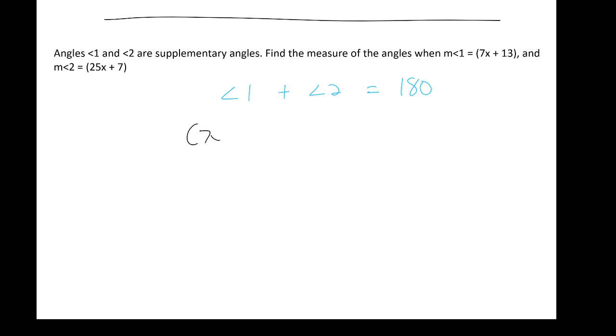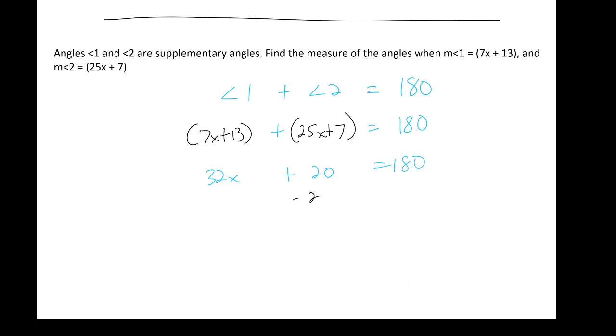Angle 1 is going to be 7x plus 13. Angle 2 is 25x plus 7. Okay. And then we can actually take a sum here, right? So we have 7x plus 25x, that's 32x. 13 plus 7, right? That's going to be 20. That's all equal to 180.